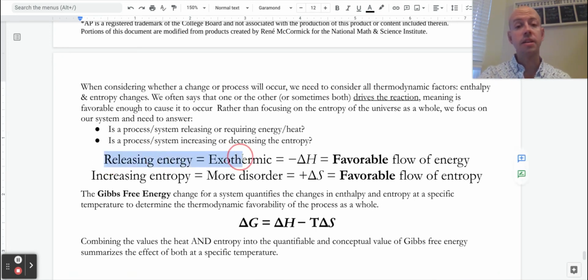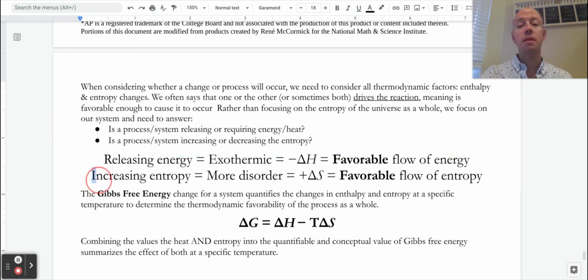Some reactions, in fact, many reactions are exothermic. They release energy, and that is a favorable flow of energy, not just for the system, but for the surroundings. The system has more than enough energy such that it adds it to the surroundings. It does not require energy from the surroundings in order to occur.